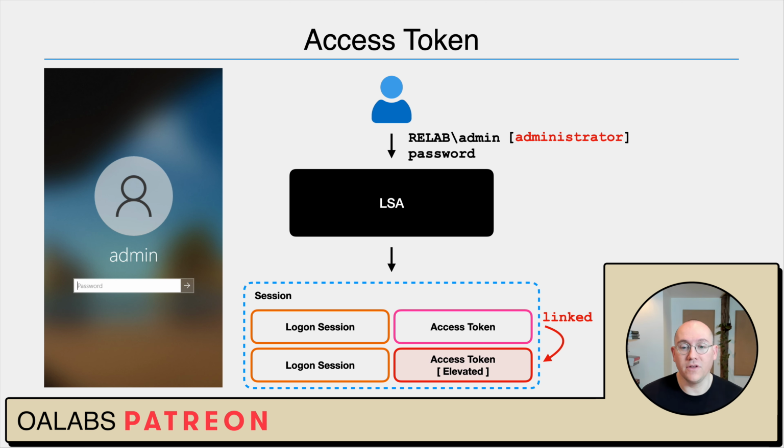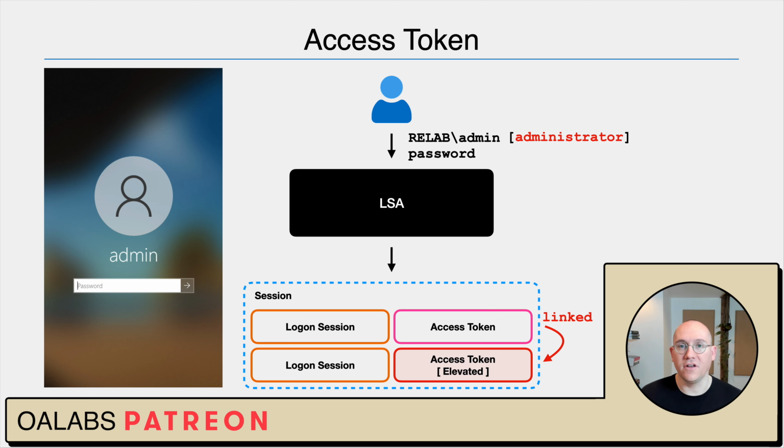But they call it a split token, and the way it works is the standard access token actually links to the elevated access token. So if you're operating in a standard session and you want to run a command elevated, so you call into UAC to authenticate, the authentication process will check your standard access token, and from there it can link to the elevated access token.